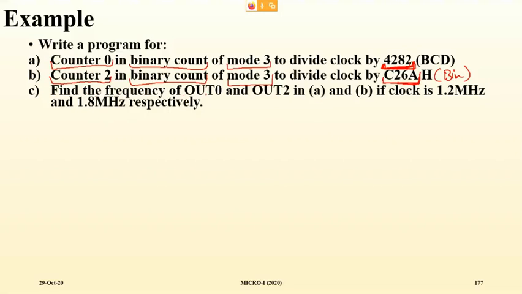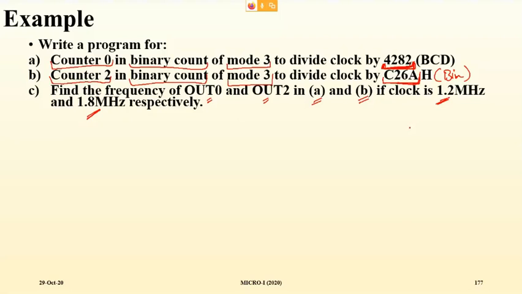Now find the frequency of out 0 and out 2. Counter 0 and counter 2 are being simultaneously used. They are working independently. So now the question is, find the frequency of out 0 and out 2 in question A and question B if the clock connected with counter 0 is 1.2 megahertz and counter 2 is 1.8 megahertz.